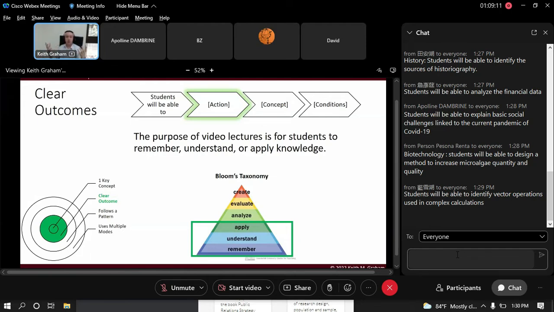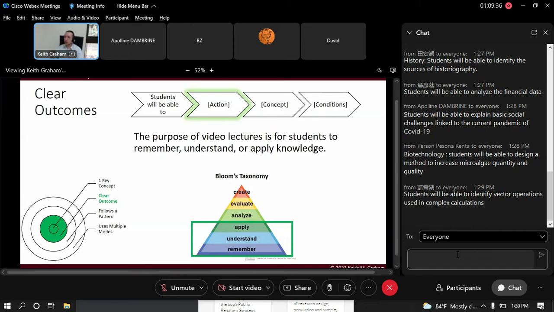If the design thinking process is fairly complex, then you may want to think about dividing it into sections. So maybe students will be able to describe this part of the design thinking process, making it into multiple videos. But just looking at this as a non-content expert of design, this one looks pretty good.